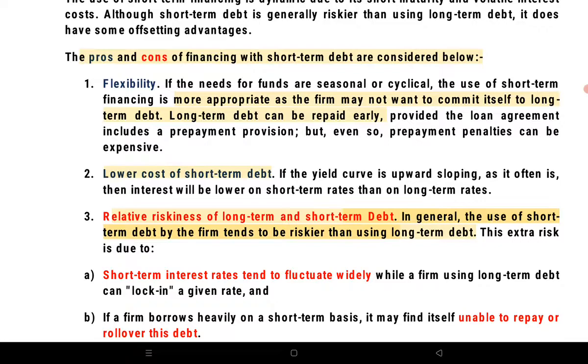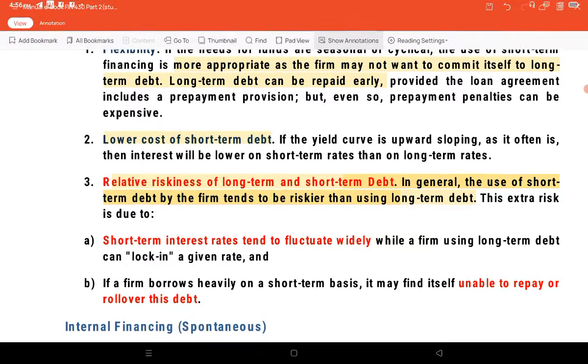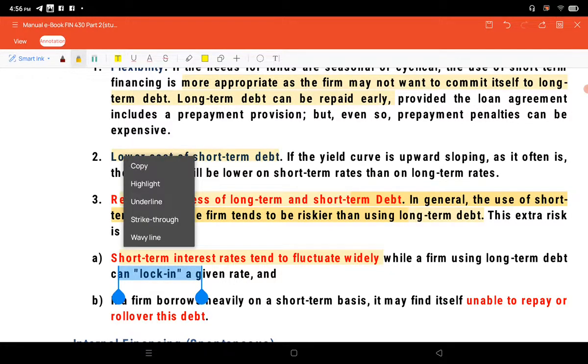Okay. Alright. So extra risk ni disebabkan, kadang-kadang dalam short term interest rate, untuk kadar interestnya, it tends to fluctuate widely. Kadang-kadang dalam short term loan, ada yang kadar interestnya berubah-ubah dalam tempoh yang agak singkat. Dan kalau kita compare dengan long term loan, long term loan dia boleh lock in interest rate tu, mengikut perjanjian yang mereka buat, kalau dia lock pada kadar berapa persen.